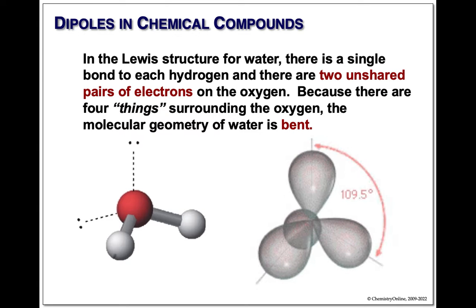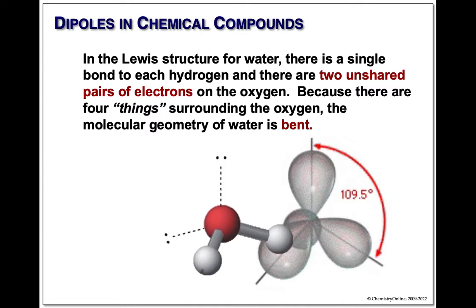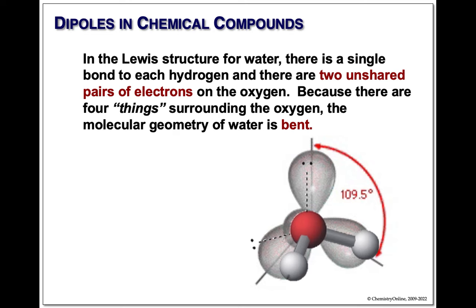And when we bring in our fourth, like we do with water, we get tetrahedral with 109.5. This is the geometry of water. Water is therefore bent. That's the official word for it. All right.